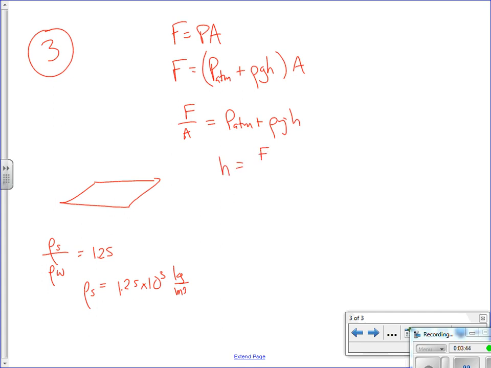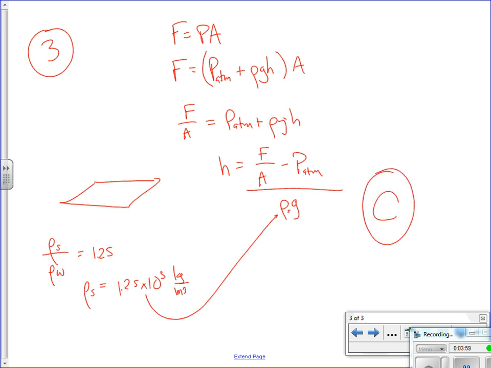H is F over A minus P atmospheric divided by rho G, where again, rho is of salt water. Solve, you'll get C, 8 meters.